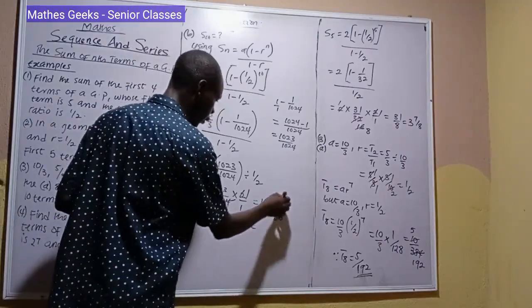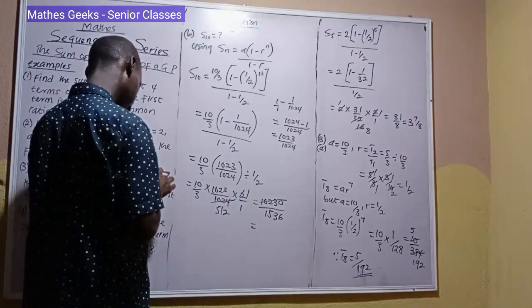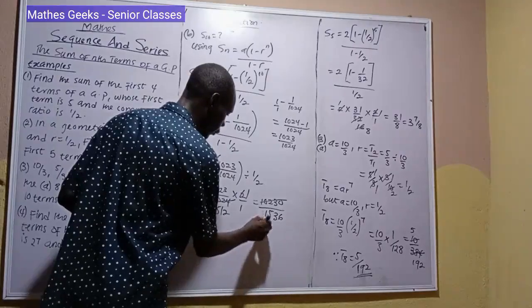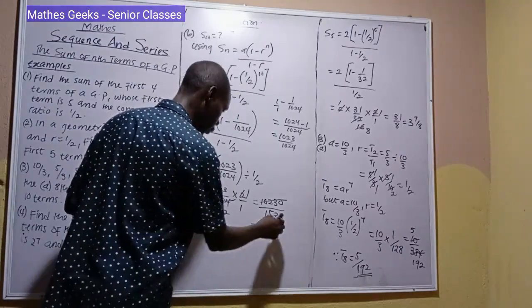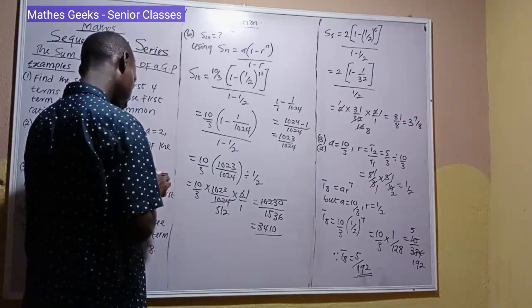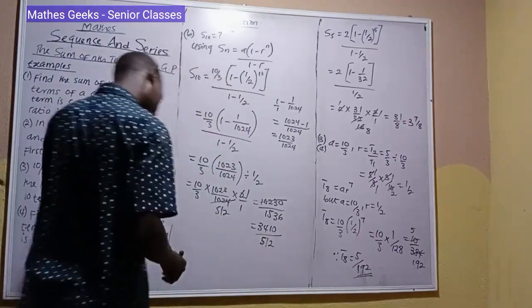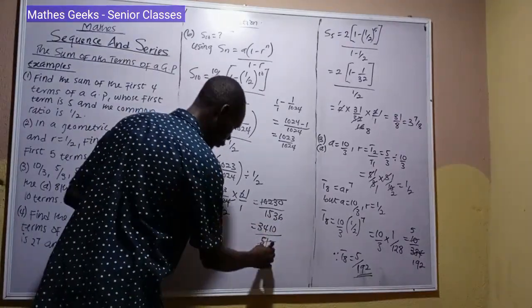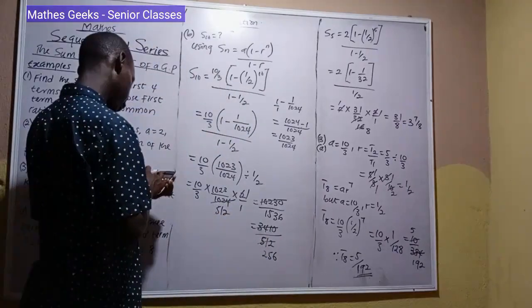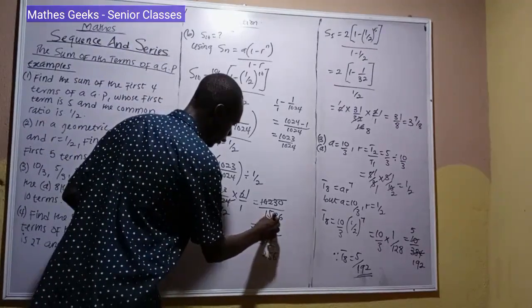Actually, 10230 divided by 3 gives us 3410, divided by 512. 2 here will give us 256, and 2 here will give us 3410 divided by 2, which is 1705.